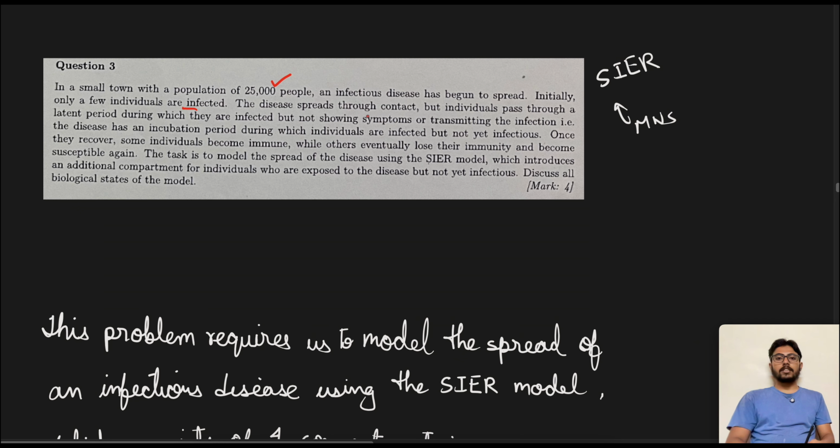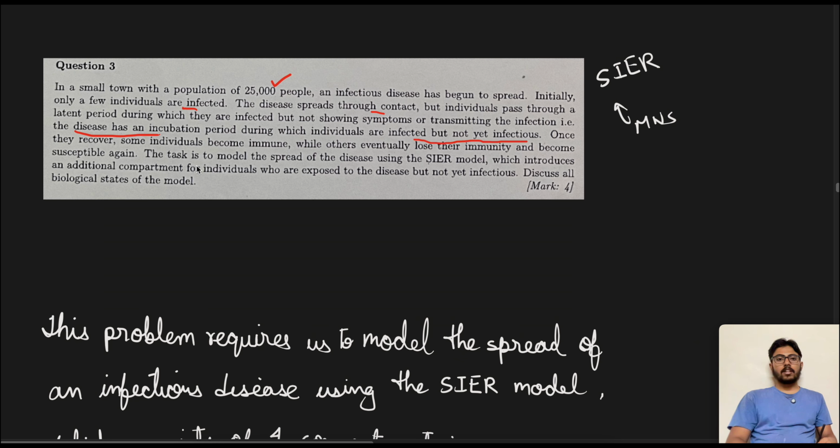The disease spreads through contact, but individuals pass through a latent period during which they are infected but not showing symptoms or transmitting the infection. That is, this disease has an incubation period as well, during which the individuals are infected but not yet infectious, right?